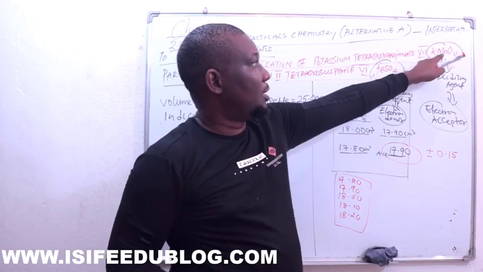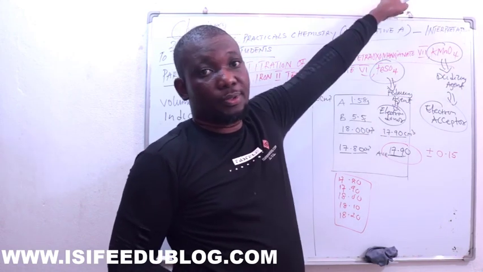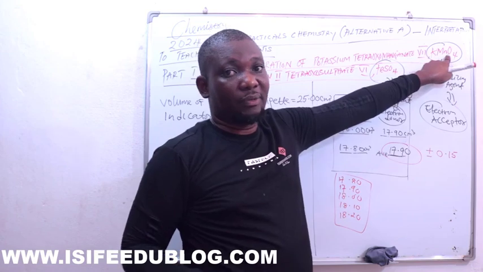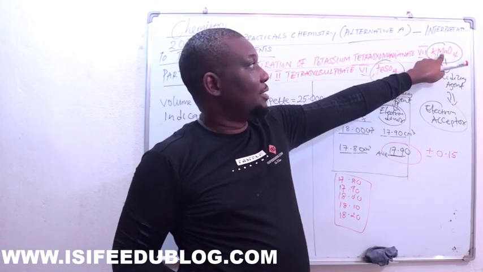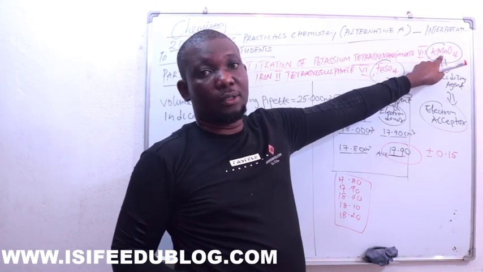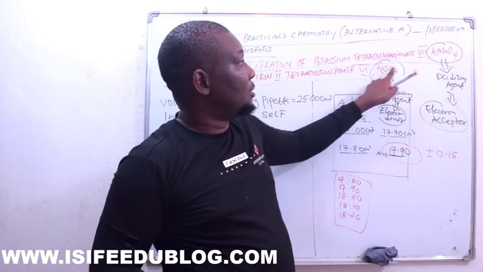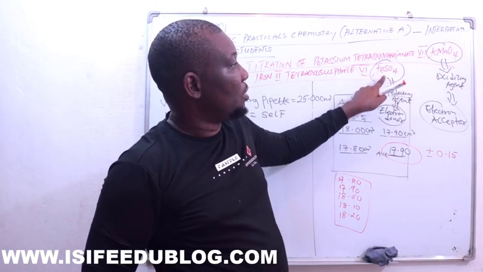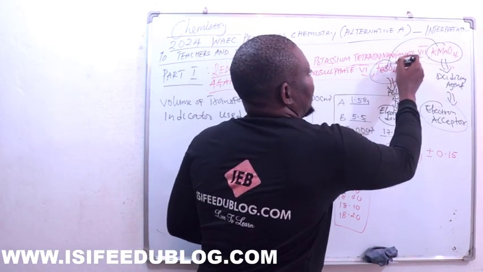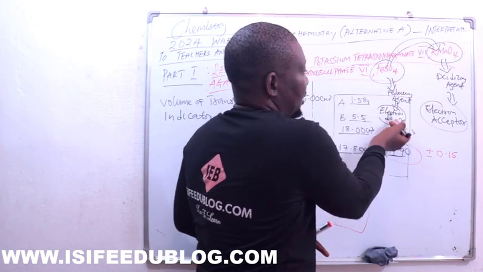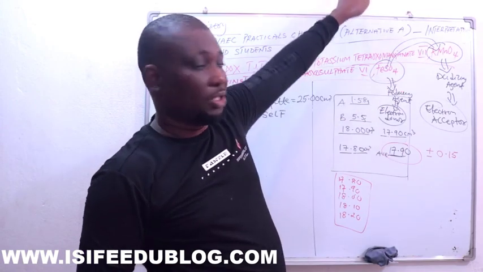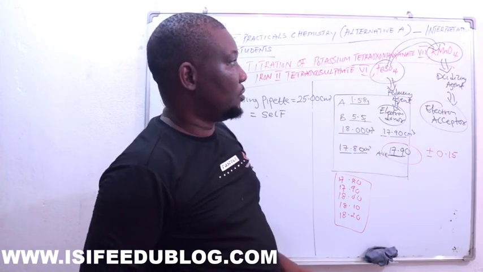So the one that gains electron is reduced. This manganese here has an oxidation state of +7. In this titration, it is going to reduce to manganese 2, that is the lowest oxidation state of manganese. And thereafter, iron 2 in the reaction, after donating electron, is the one that is oxidized, being that it is an electron donor in the reaction.